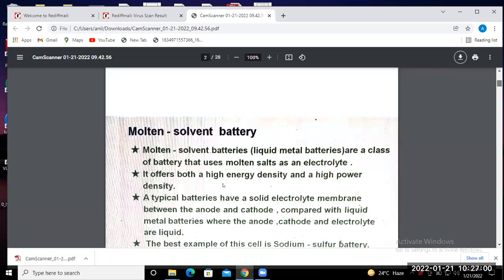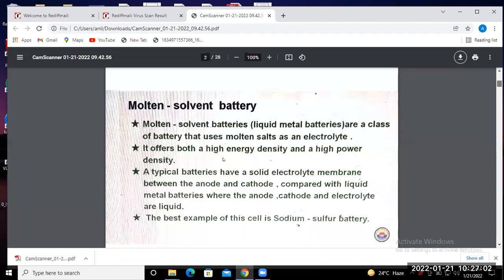So what is the molten solvent battery? Molten solvent batteries, liquid metal batteries, are a class of battery that use molten salt as an electrolyte. Okay. It offers both high energy density and high power density.